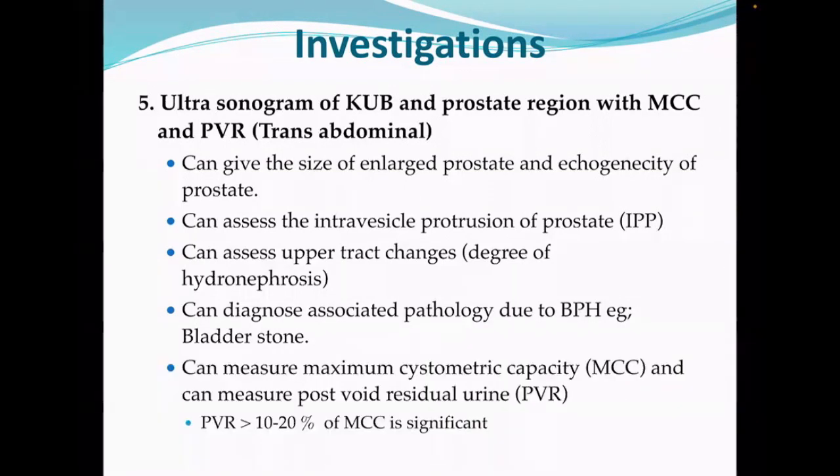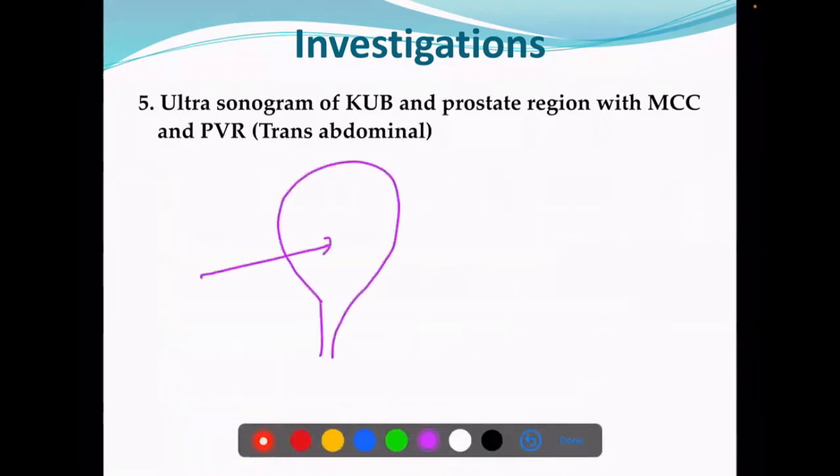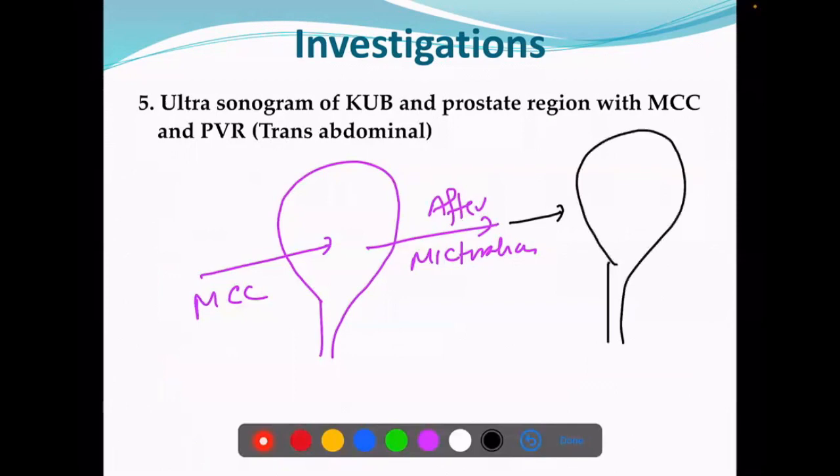We will measure the capacity of bladder before micturition, known as MCC, and then after micturition, okay, we will again measure the capacity of bladder. Normally, after micturition, there should not be any urine inside the bladder. But if there's a urine inside the bladder, it is known as PVR, that is post-void residue.